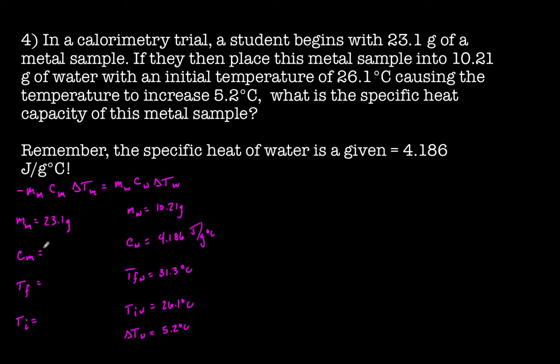So we have over on the side these three specific quantities that are part of a calorimetry equation. The first thing we have to know is that anytime you're performing a calorimetry, your specific heat of the metal is always going to be your unknown. That's the entire point of performing a calorimetry, trying to determine the identity of that metal.